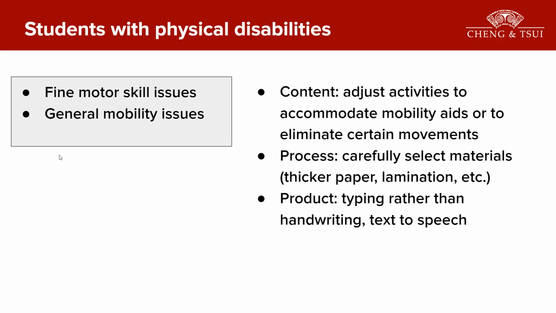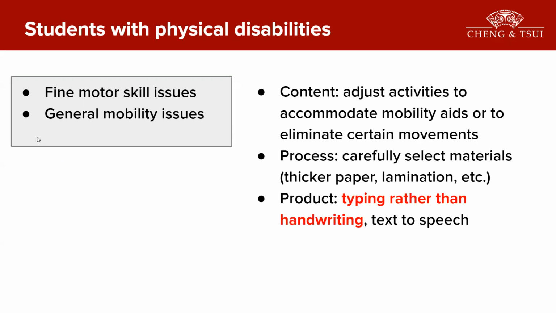In process, you can carefully select materials and print them on thicker paper. Or in products, you can ask them to type rather than handwrite. Or maybe you can make use of text-to-speech if needed. It will also be very helpful to remind your students to keep an inclusive attitude.